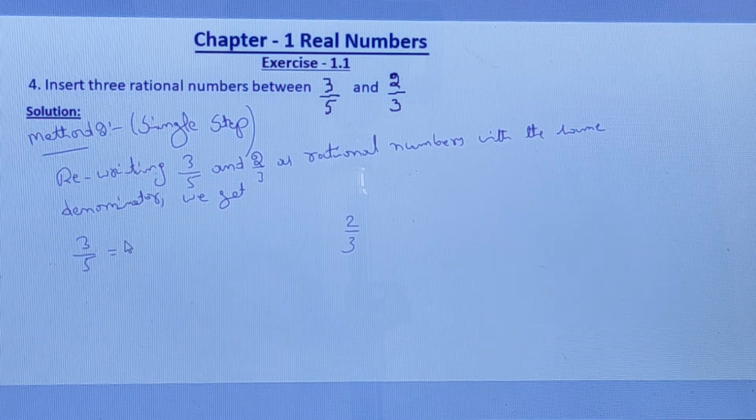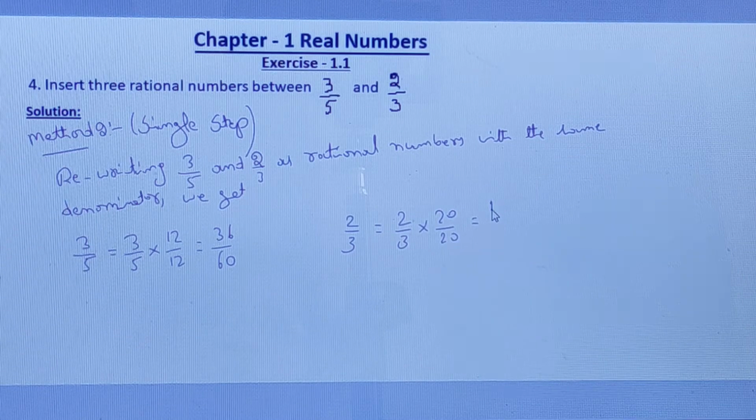So what I will do is 3 by 5 into 12 by 12. So how much is it? This is 36 by 60. So if I multiply this 3 with 20, I will get 60 as denominator, isn't it? So they will both have the same denominator. So 2 by 3 into 20 by 20, right?